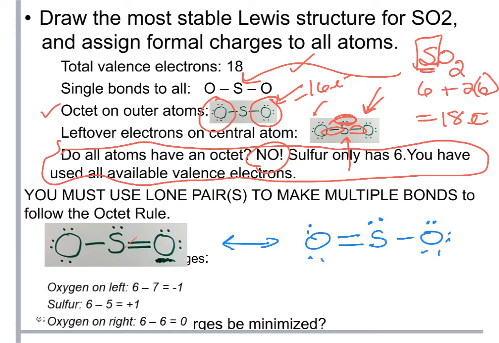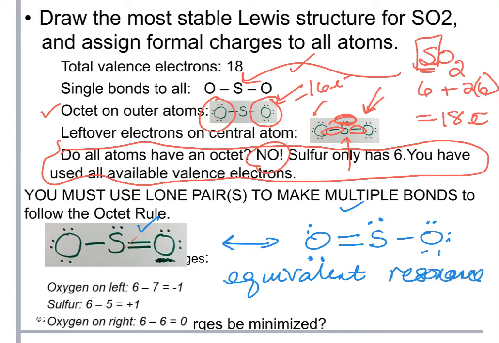All I've done is switch the places of the oxygens, right? The double bond is with one oxygen, and over here it's with the other one. These are called equivalent resonance structures. In other words, you can't pick one as more favorable over the other by formal charge because they're essentially equivalent.